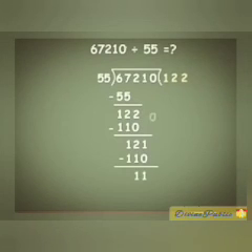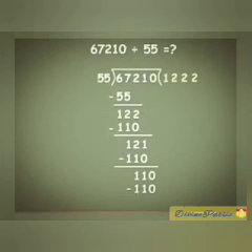Now bring down 0 and divide 110 by 55. As 55 multiplied by 2 is equal to 110, so write 2 in the ones place of the quotient and 110 below 110. Subtract 110 from 110, which is equal to 0.